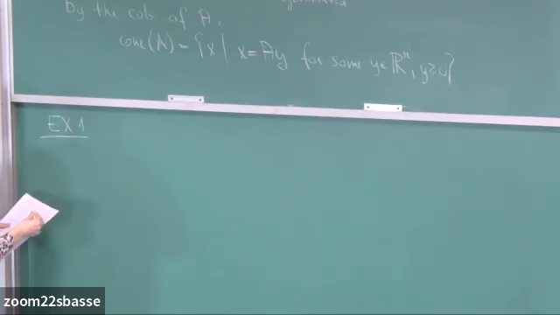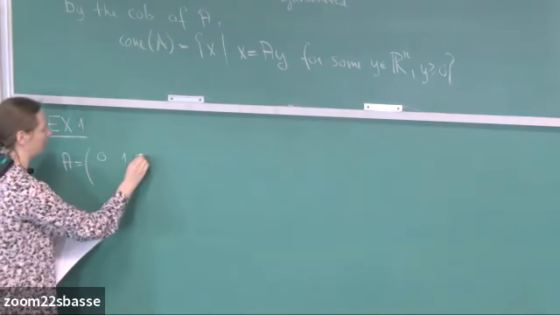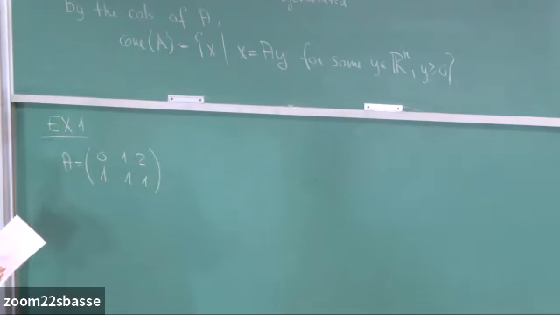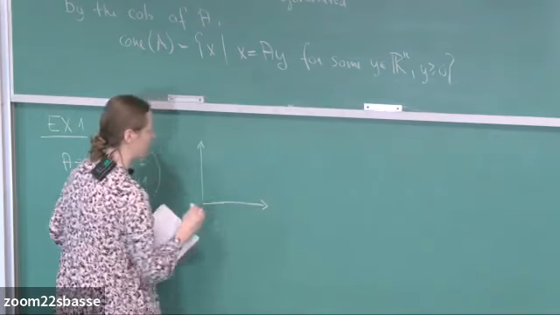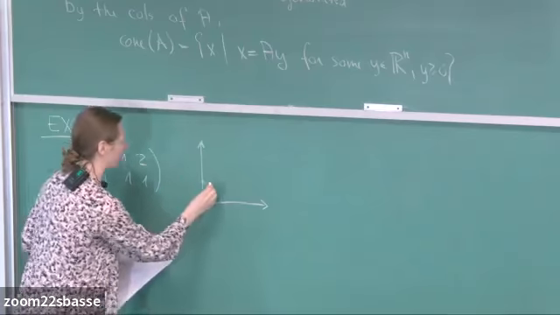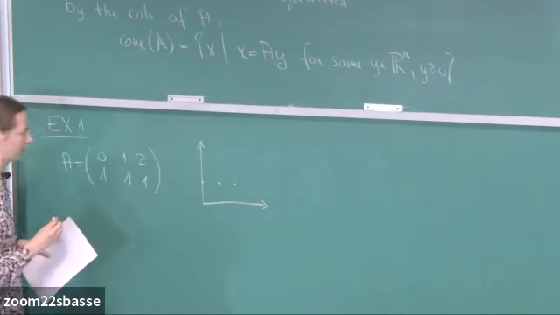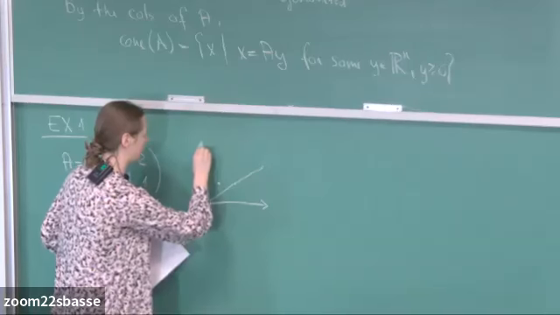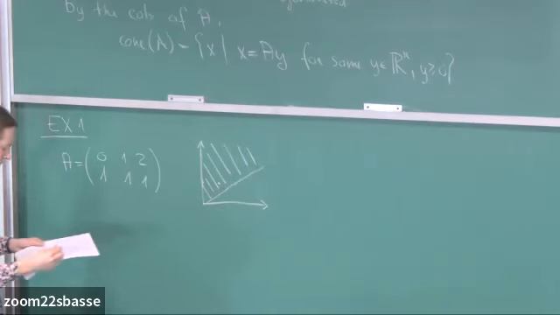If we consider the matrix with entries 0, 1, 2 in the first row and 1, 1, 1 in the second row, then the three columns give these elements over here, and the cone generated by this matrix is this cone over here.